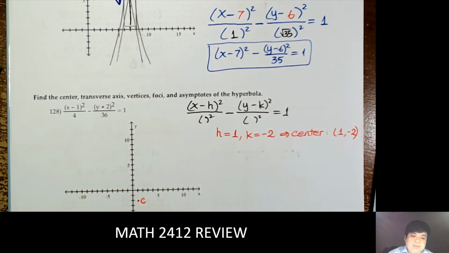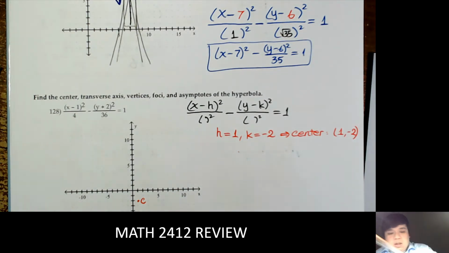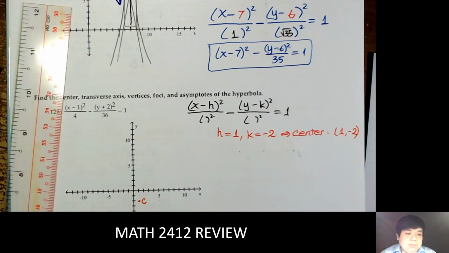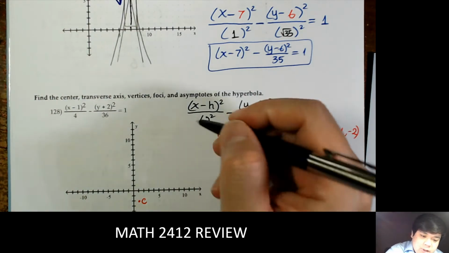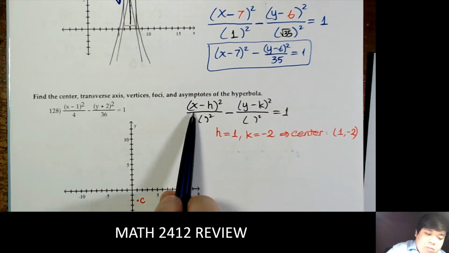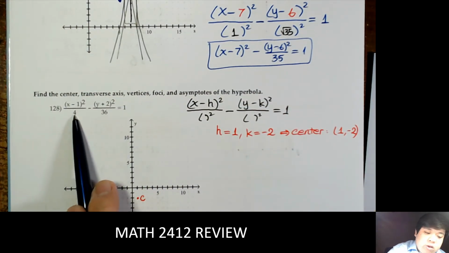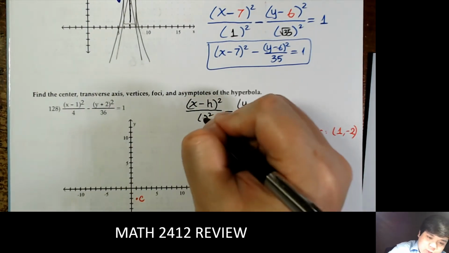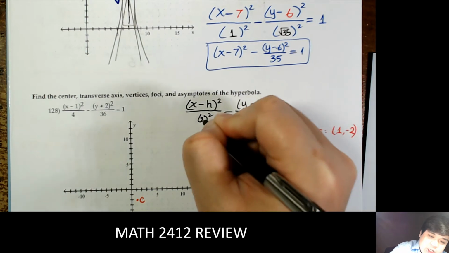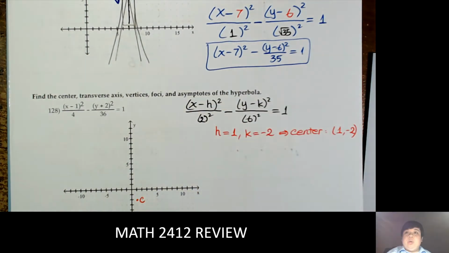That's the center. Now it would be helpful if we draw the box, the graph here. The 4, take the square root of that, so it's going to be 2. So we're going to have this 2 and 6. The 2 below the x, which means 2 left and 2 right.